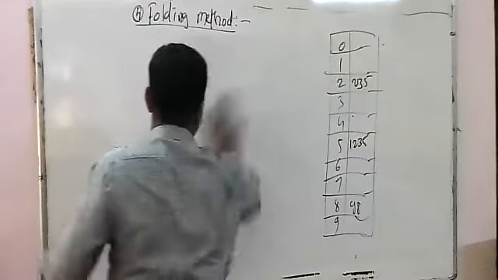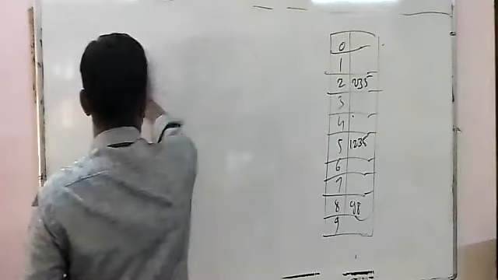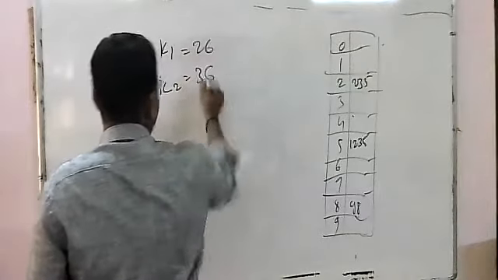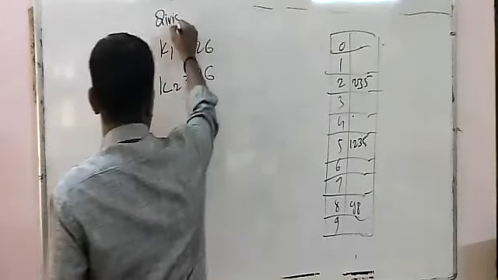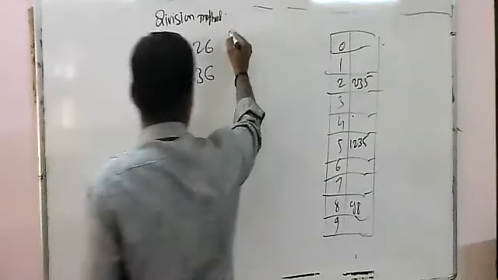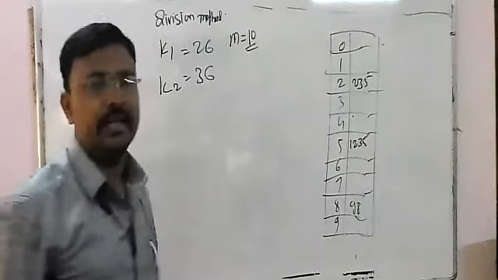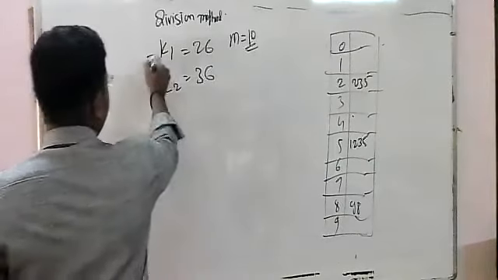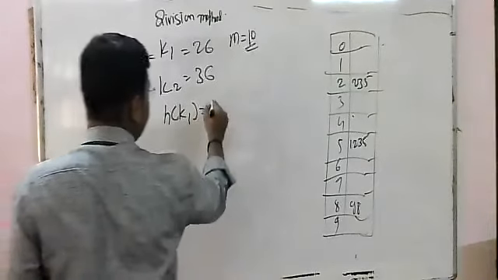Suppose, for example, you want to store the key values 26 and 36 using the division method, with a table of size m equal to 10. What is the hash value? For K1, h of K1 is equal to, what is our formula?